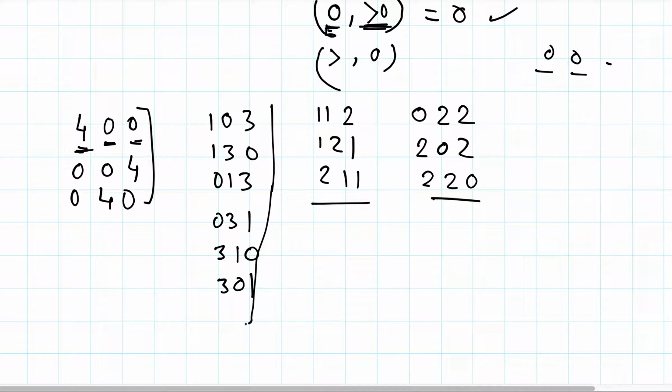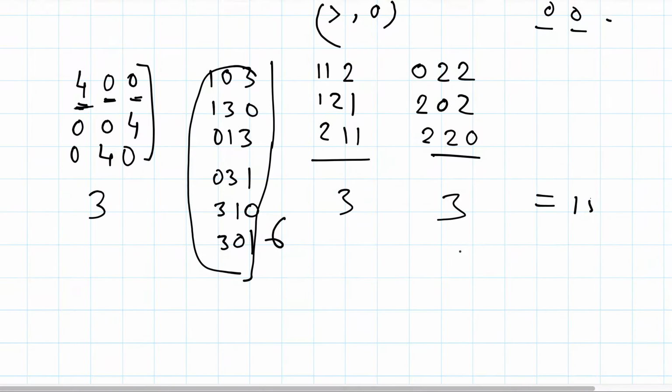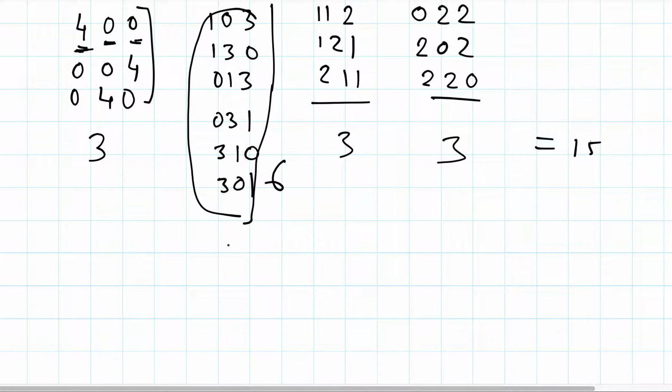So this 1 and 3 and 0 will have 6 ways. So we have 3 ways, 6 way, 3, 3. So total we have 15 ways. So the answer for this 3 balls 4 runs is 15.